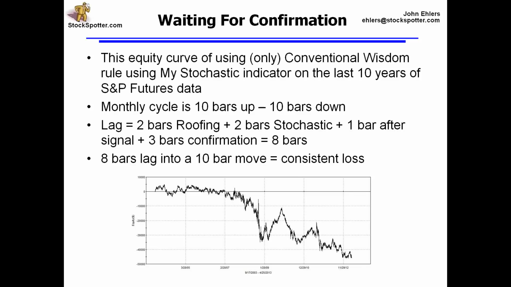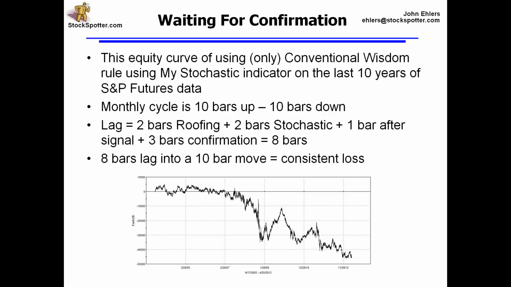We're going to introduce about 2 bars of lag with our roofing filter, and another 2 bars of lag with the stochastic. Then we get our signal, then we have to get in on the next bar after the signal. We can't wait till the close happens.